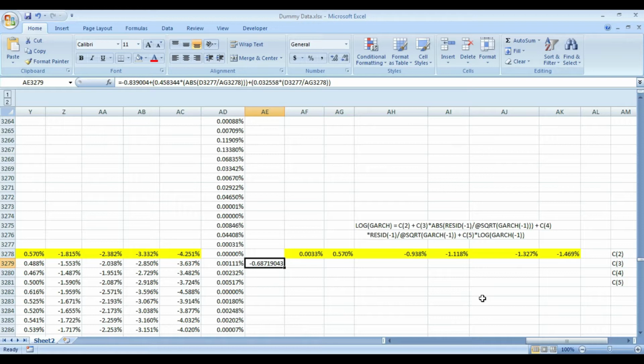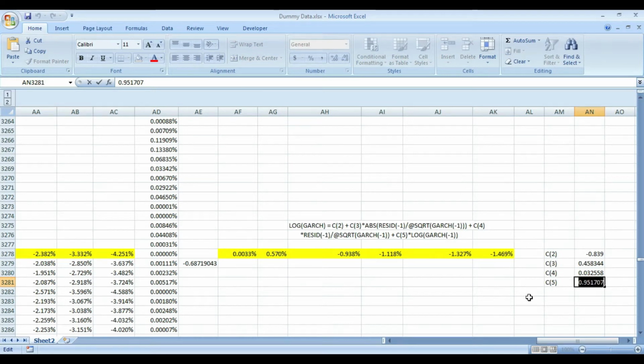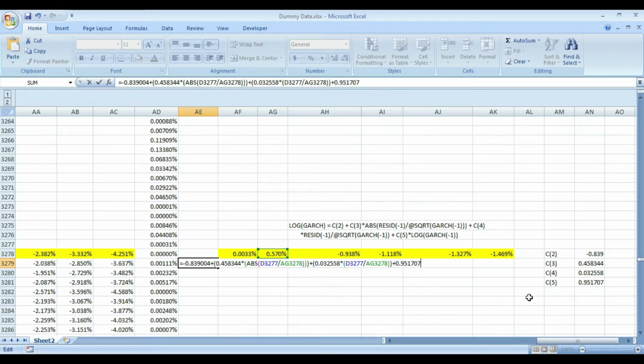Now the next term says C5 coefficient, which is this. I'll copy this, plus C5 coefficient, let me enclose this in brackets, multiplied by log of GARCH minus 1. So I'll do the log. So log of GARCH minus 1, or the variance.